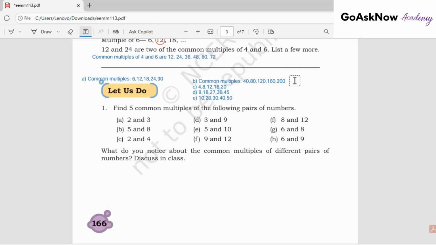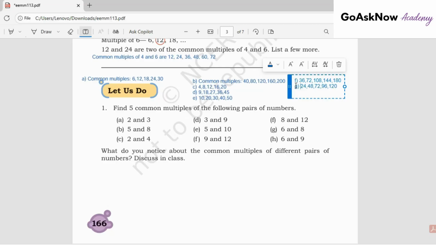Next for F, 9 and 12, the common multiples are 36, 72, 108, 144, 180. Next for G, 8 and 12, the common multiples are 24, 48, 72, 96, 120.